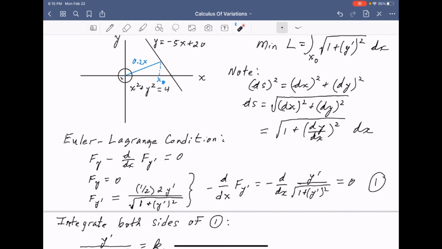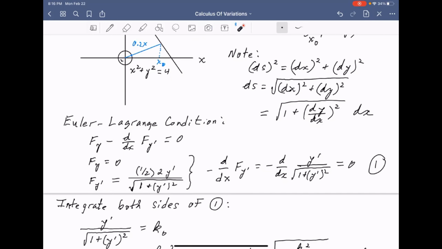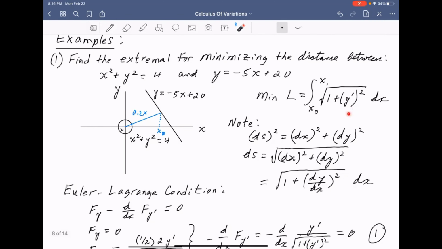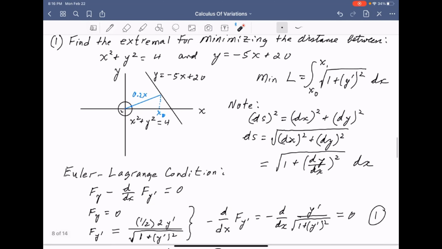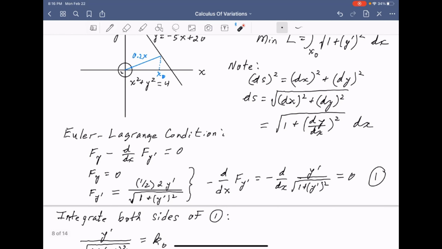f y equals 0, and how do I know that? Well, if I go back up here and take the derivative of this function with respect to y, there's no y in here, so it's equal to 0. And then f y prime is equal to 1/2 of that distance, so we get 1/2 times 2 y prime, divided by the square root of 1 plus y prime squared.